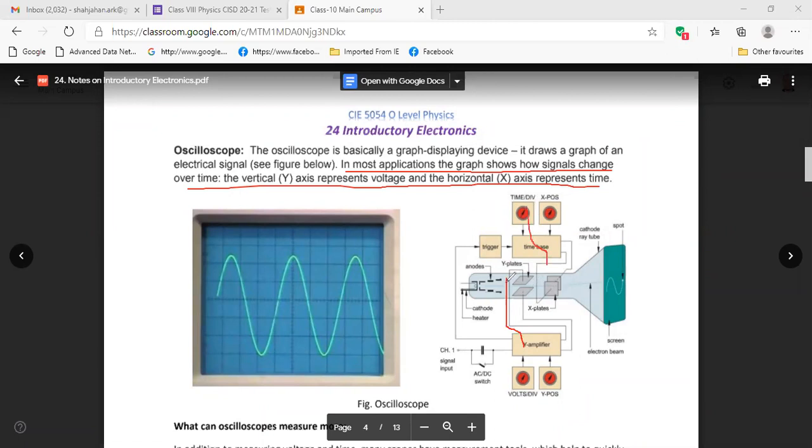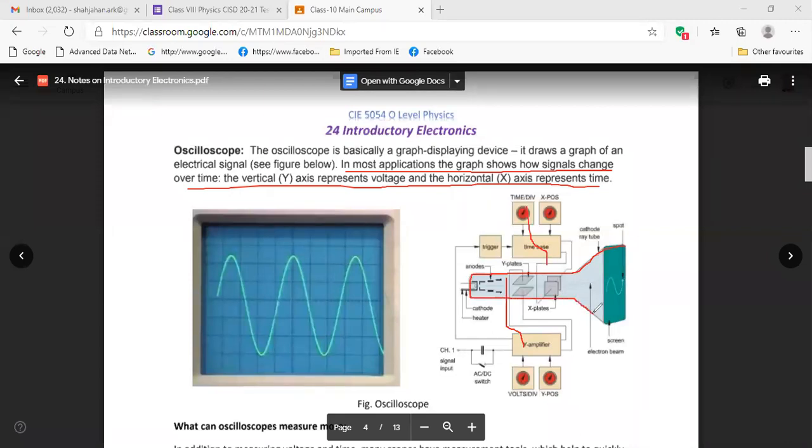So you will draw this one. I am giving you this, so this part you draw. This is a cathode ray tube, CRT. This is called CRT.